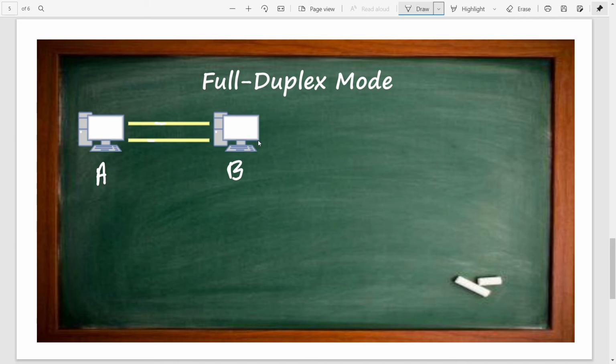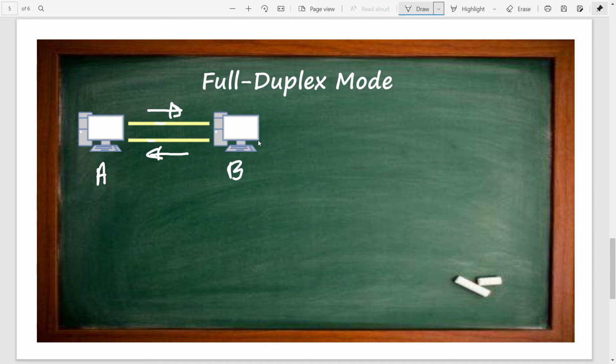By using one link, A to B communication can happen, and by using the other link, B to A communication can be done. So simultaneously, A can communicate with B and B can communicate with A. When A is sending data to B, B can also send data to A. So this kind of transmission mode is introduced as a full-duplex communication system.